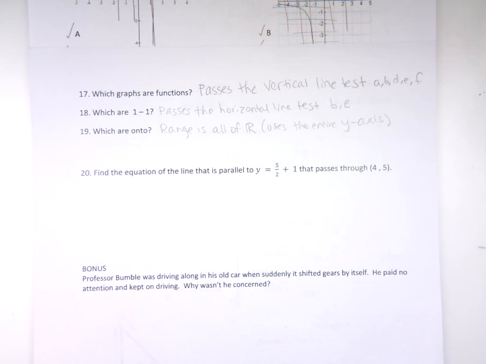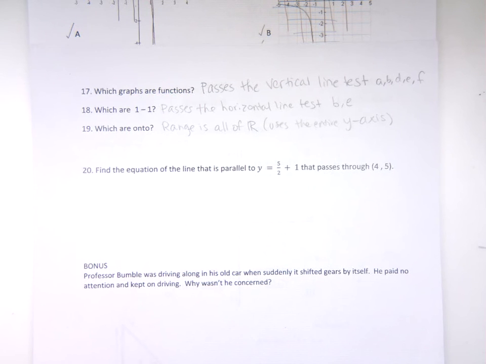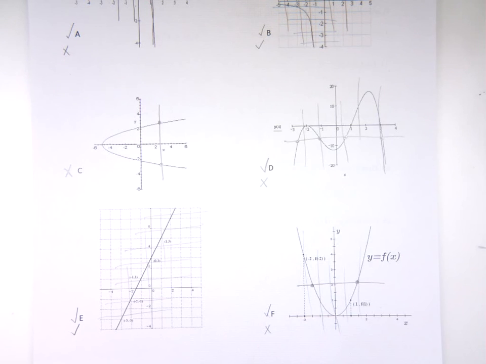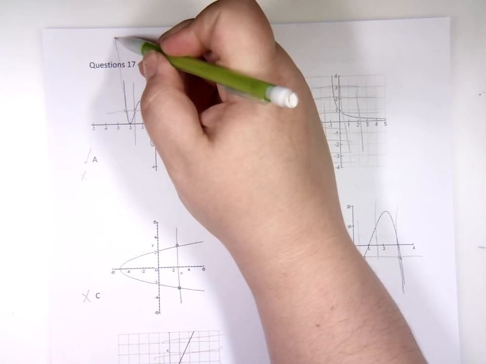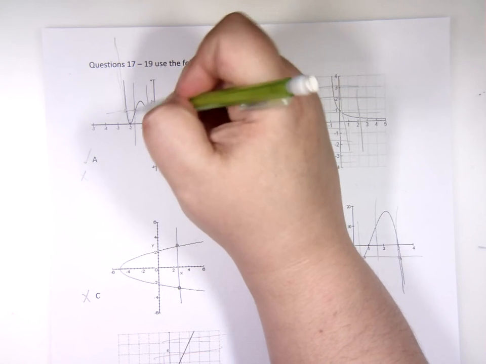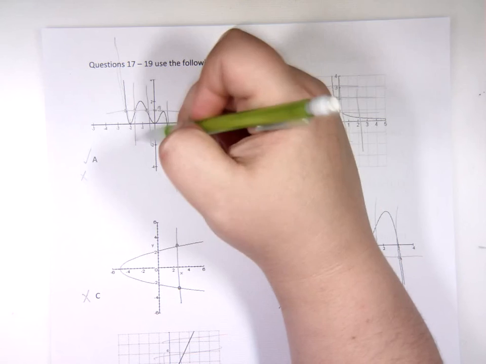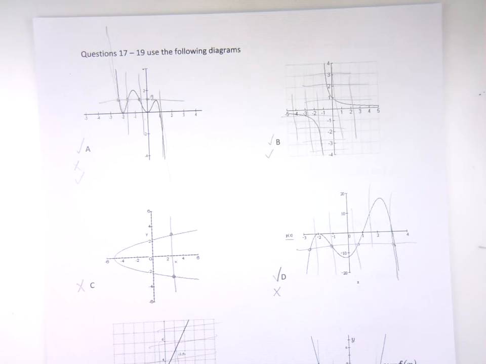Every real number is associated with some coordinate on the graph, basically. So which ones are onto? Well, if we look at A, this goes all the way up to positive infinity, and it goes down to negative infinity, and we've got all the values in between. So this one's onto. It uses all the numbers for its y coordinate.